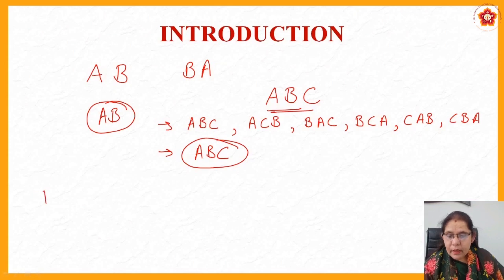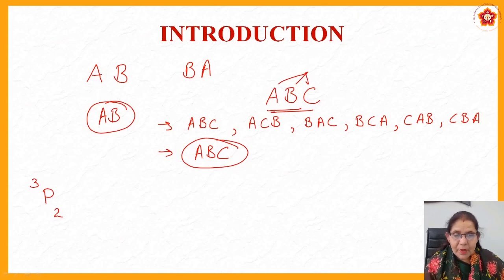Permutation we were representing by P. If I am writing 3P2, what does this mean? For example, we had these three objects A, B and C. What is the permutation of choosing two objects out of three?